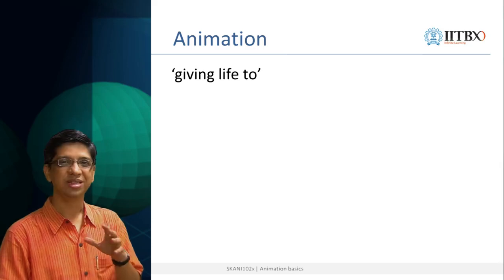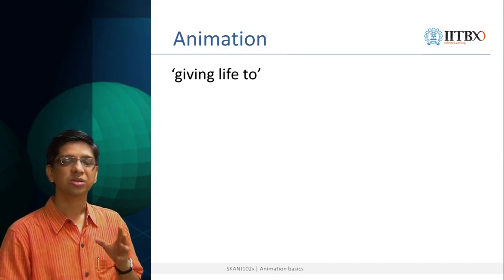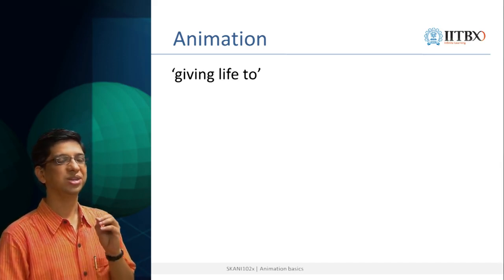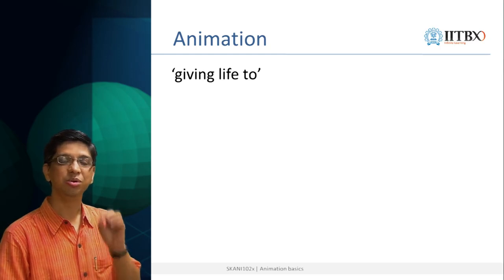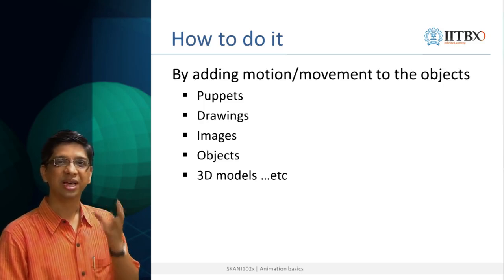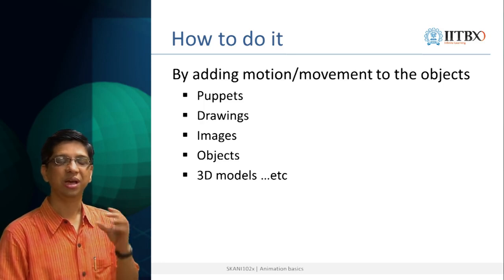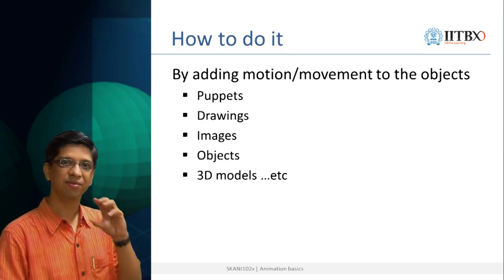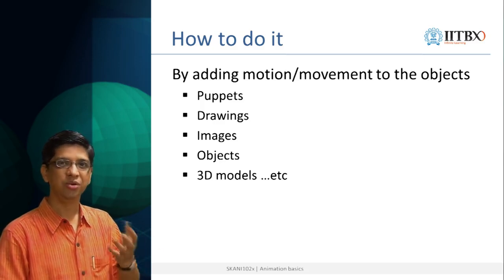But a lot of people ask me this question, what is this word animation and how is it derived? Well, this is a Latin word called anima, which essentially means giving life to. So in short, this is a term which is used whenever we add life to non-living objects specifically. For example, if you see all the animation films or even the techniques of animation, most of the times you will see that drawings or images or puppets or even clay or sometimes some objects which are non-living are made to move in such a manner that when the captured video is played back, you can see motion.